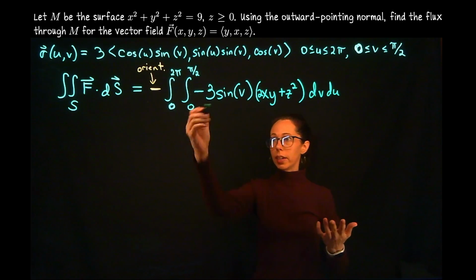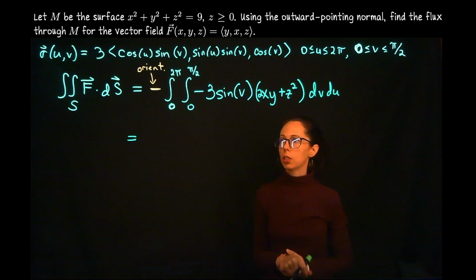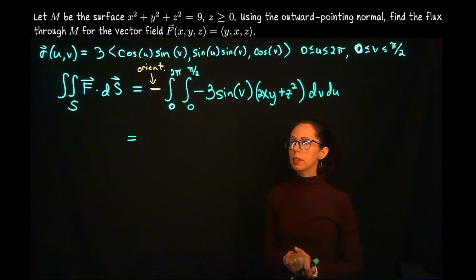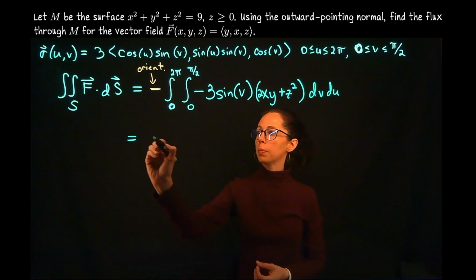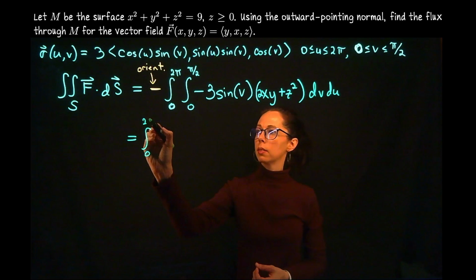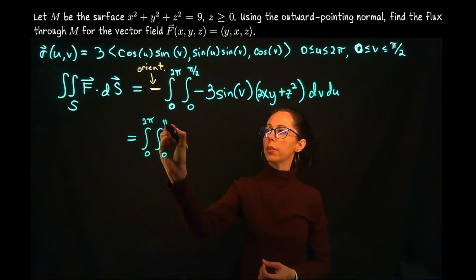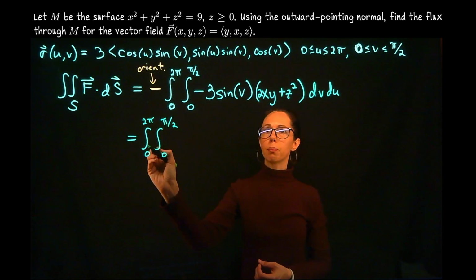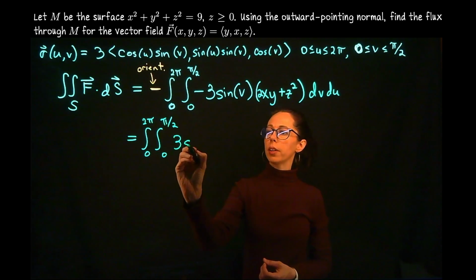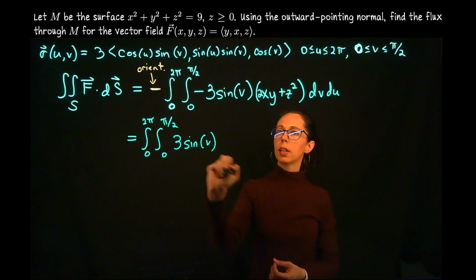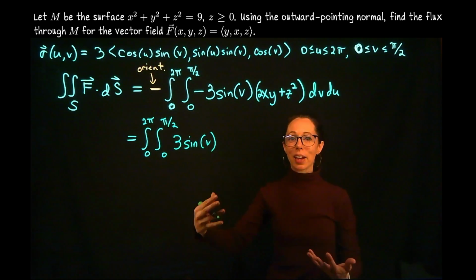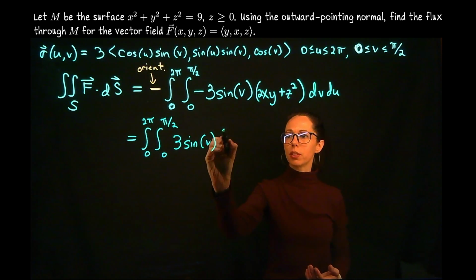All right, we've got negative, negative, so we'll think of that as just positive. And then here, we can keep going. So 0 to 2 pi, 0 to pi over 2. I probably should have pulled that 3 out front, but I'll just leave it. 3 sine of v. And then let me now convert these back. Again, you didn't have to go into this notation if you didn't want to.